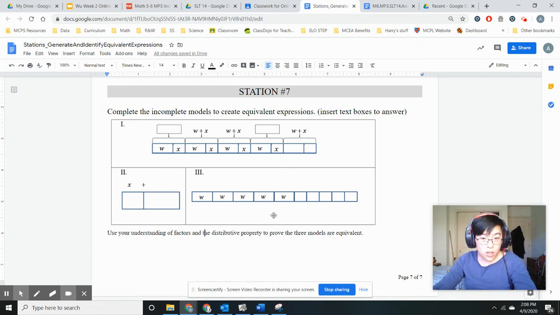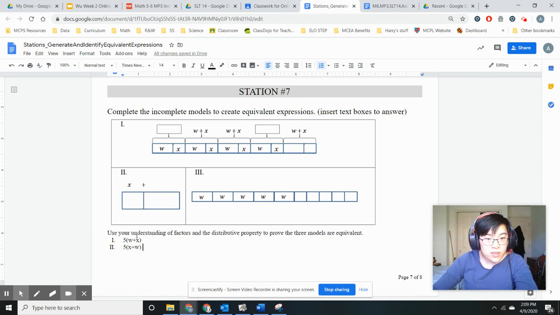Yeah, no, it would just show that. This one would be 5. This one would be equivalent to, so number 1, the equivalent to 5 times W plus X. Number 2 would be 5 times X plus W, because look, the X came first here, and the W would be here, and this is 5.